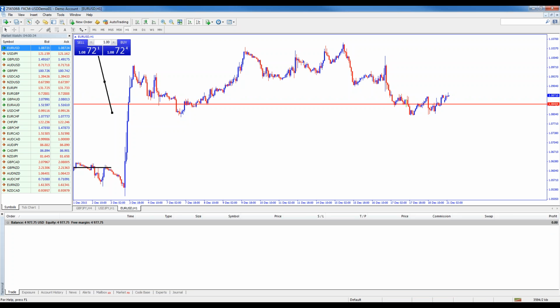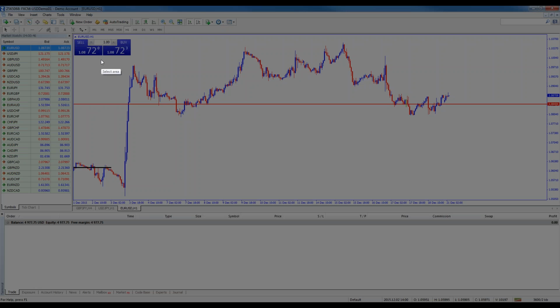Now, the other thing is called a spread. The spread is the difference between the bid and ask. I'm going to have to stop the screen here so we can all be on the same page. Let's take a look at this. It looks like a 0.3 spread on this account.